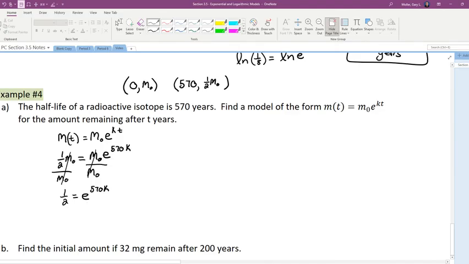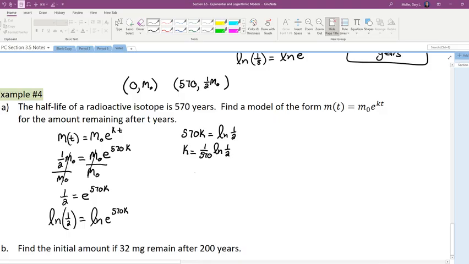So that is always going to happen when you're doing half-life. So now that I have this, I can solve. I get the natural log of a half equals the natural log of e to the 570k, or 570k equals the natural log of a half. So k equals 1 over 570 times the natural log of a half.